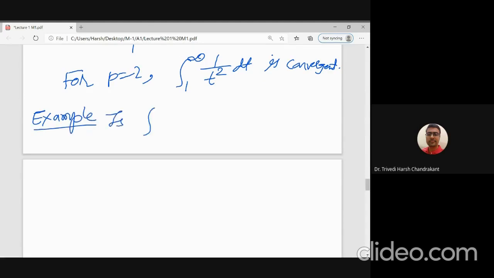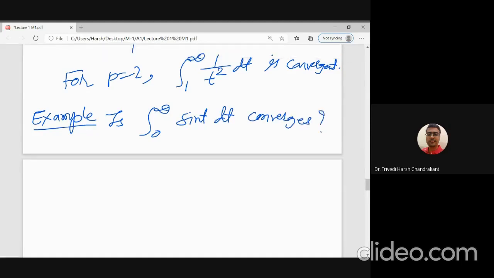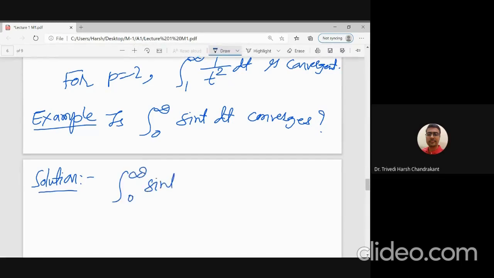So the question is, is the integral from 0 to infinity of sin t dt convergent? Once again we'll apply the formula itself. So a is 0 here because the integral is from 0 to infinity and the function is sin t.